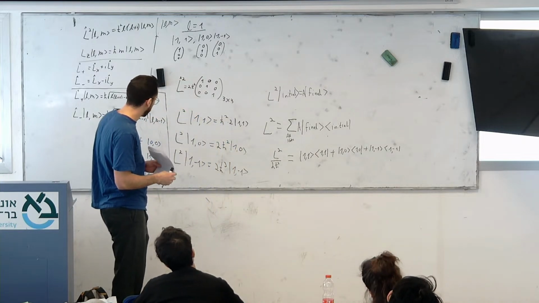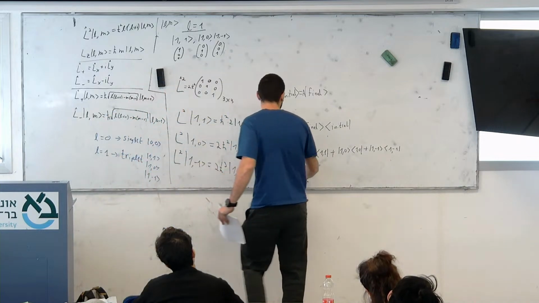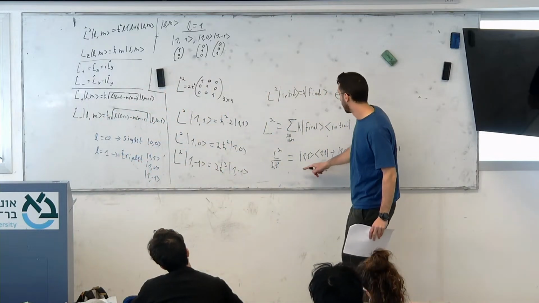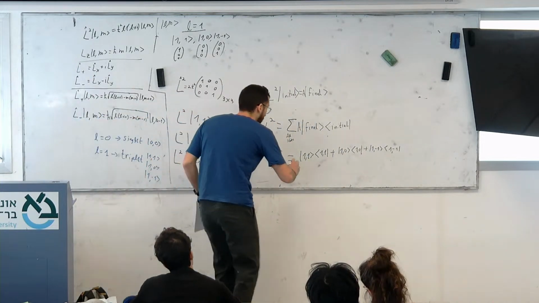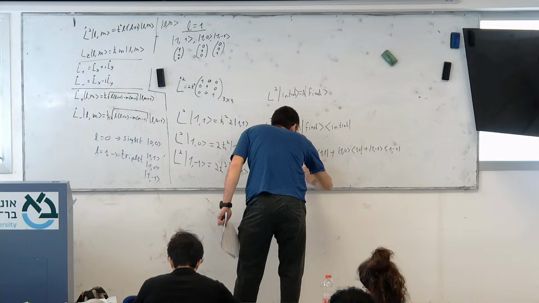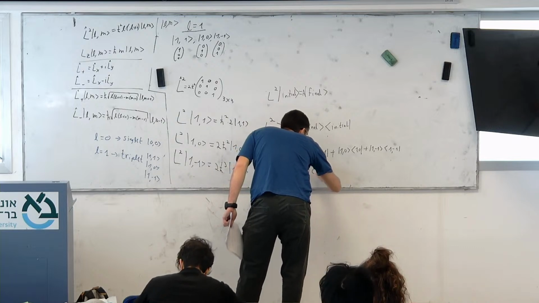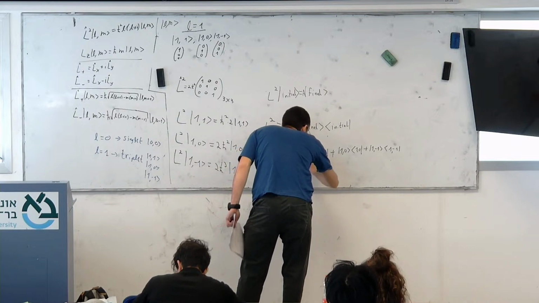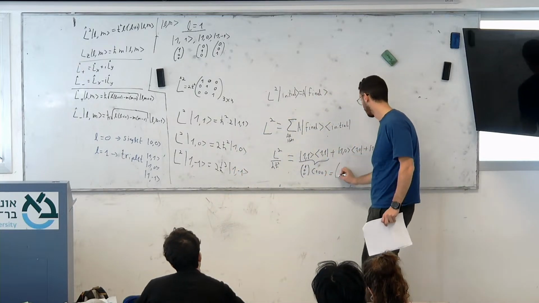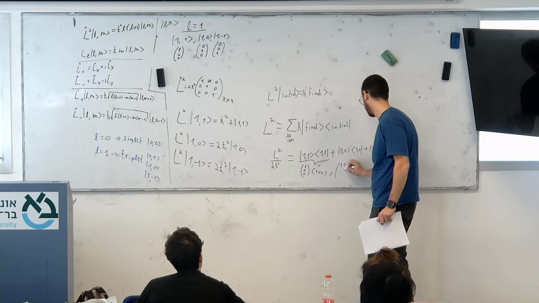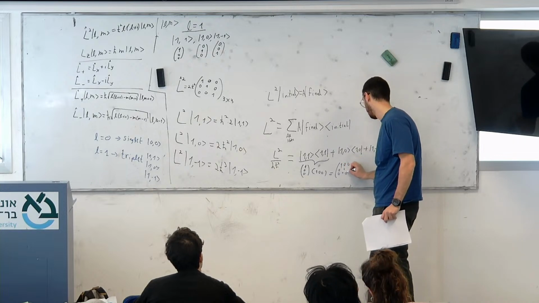No, it's not the identity matrix. So what we have here, we're going to give it a little example. Here we're going to have 1, 0, 0 times 1, 0, 0. This part is going to give us 1, 0, 0, 0, 0, 0, 0, 0.